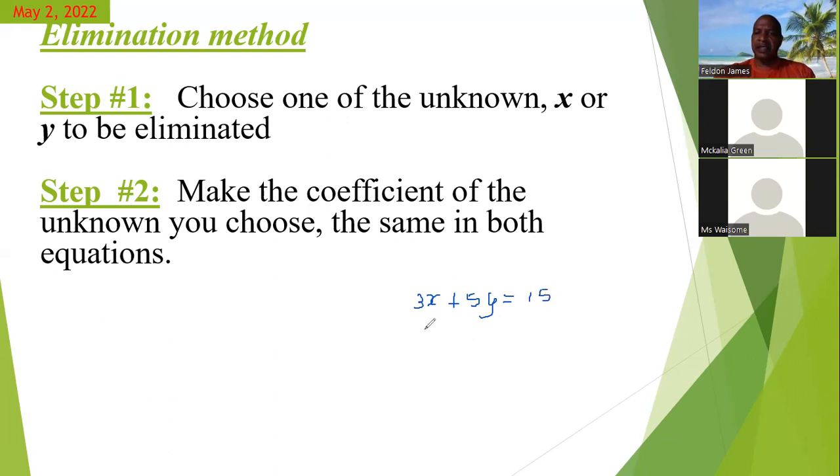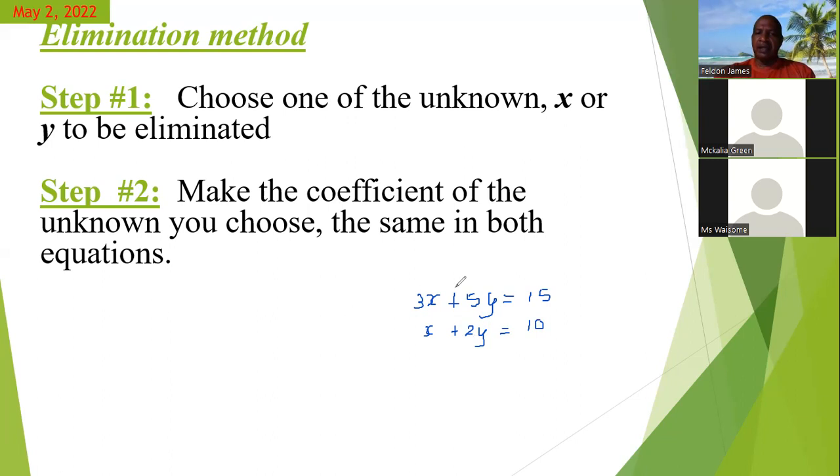And let's say the other equation is x plus 2y equal to, let's say 6. All right, I'm just using a random number. So let us say 10.